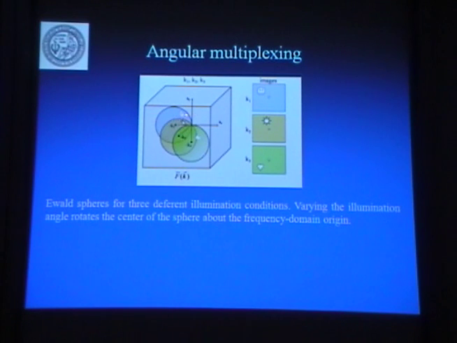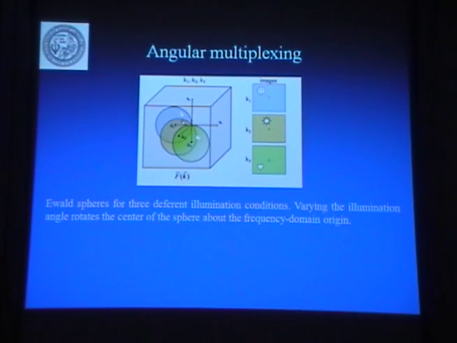If you illuminate along the z-axis, you get this sphere. If you illuminate along this axis, you get a different sphere. So each sphere corresponds to a different plane wave illumination. And now you can make that design in such a way that, for example, you're imposing on this sphere one pattern, on this sphere another pattern, and on this sphere another pattern.